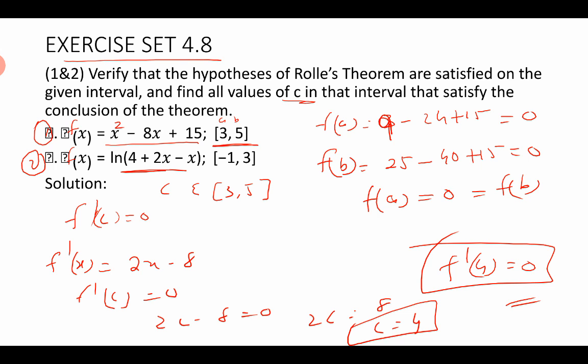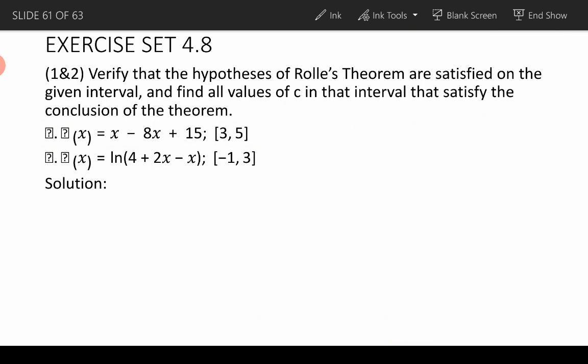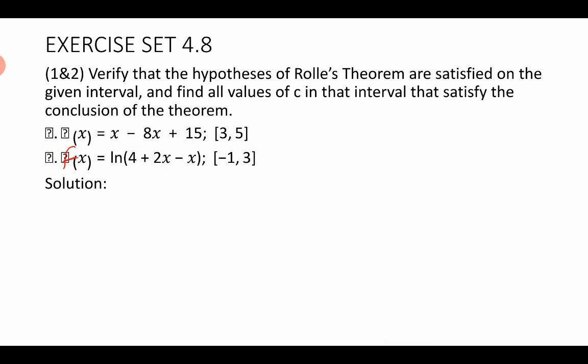Let me try the second one. This is ln x. F of x is ln of (4 plus 2x minus x squared) in the interval negative 1 to 3. First find f of negative 1, which is f of a. Ln of 4 minus 2 minus 1, which is ln 1, which is 0.